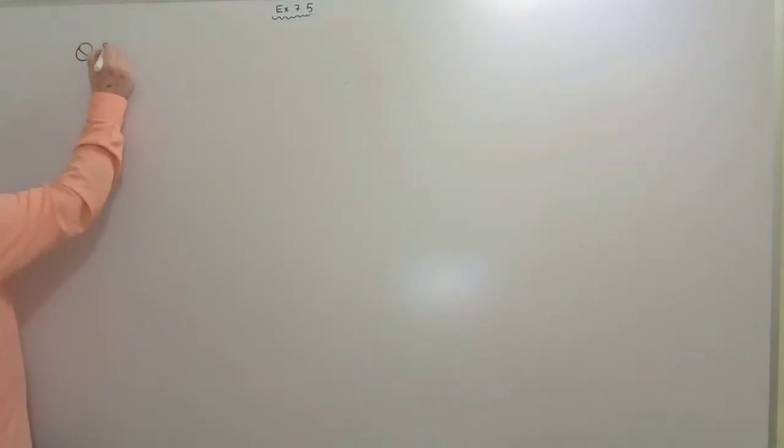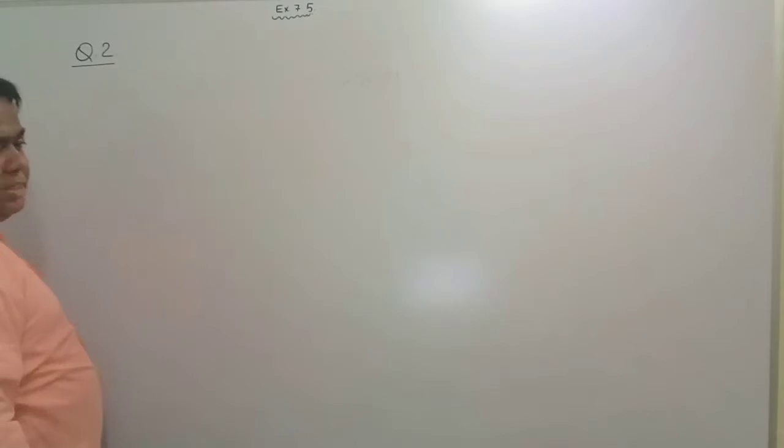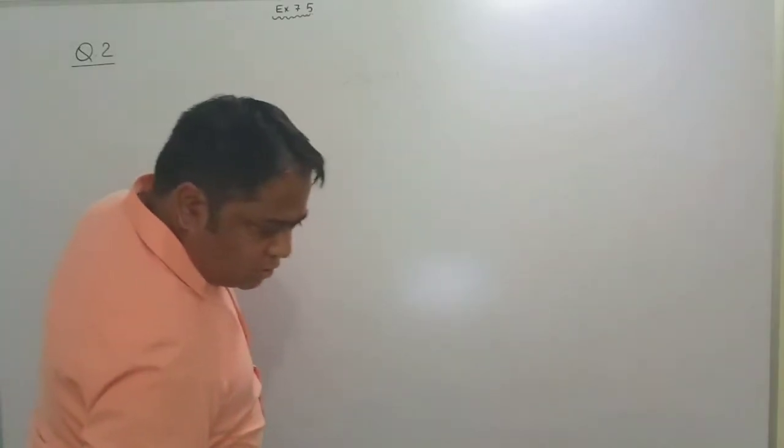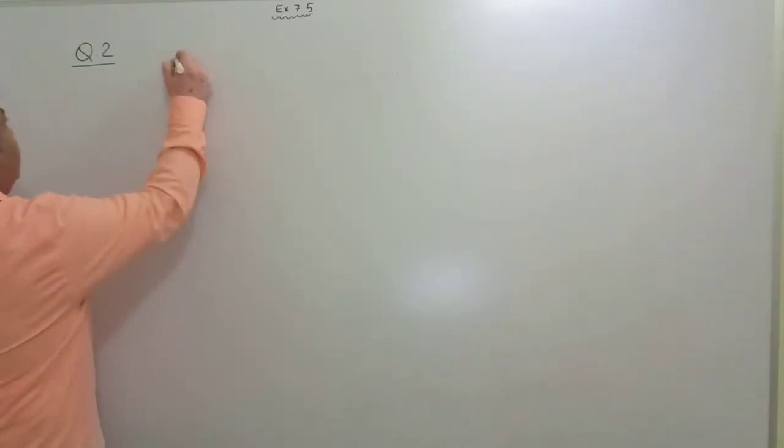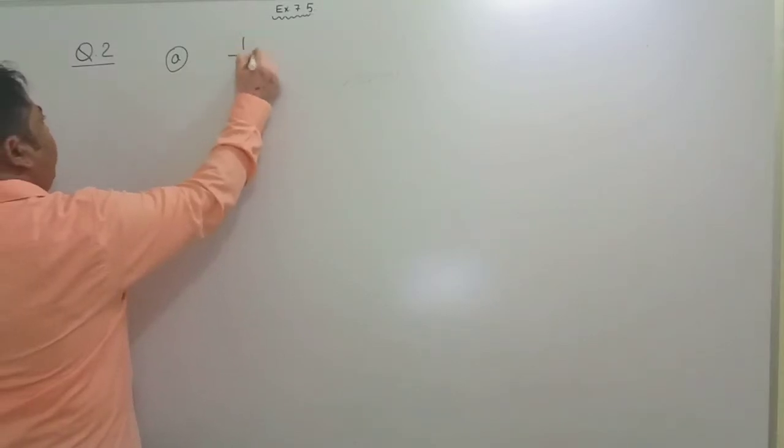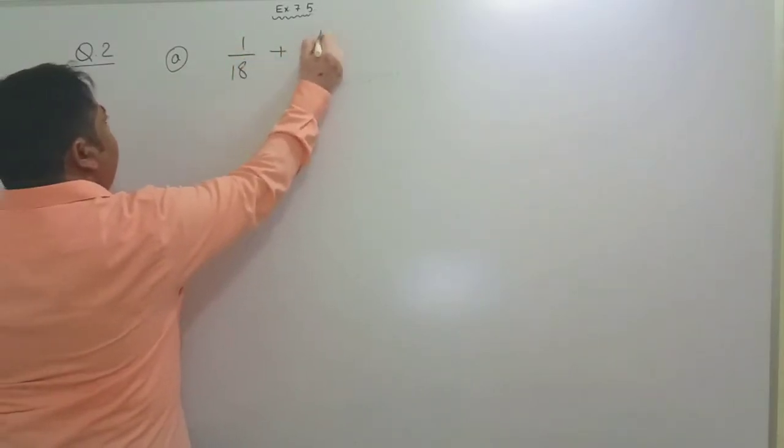Question number 2 of exercise 7.5. The first question is A: 1 by 18 plus 1 by 18.